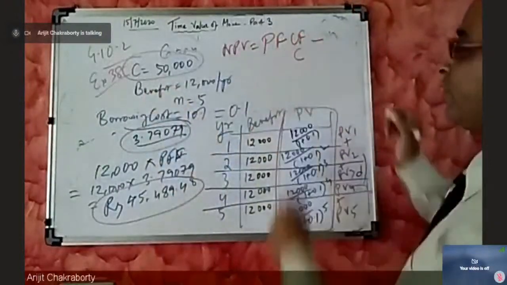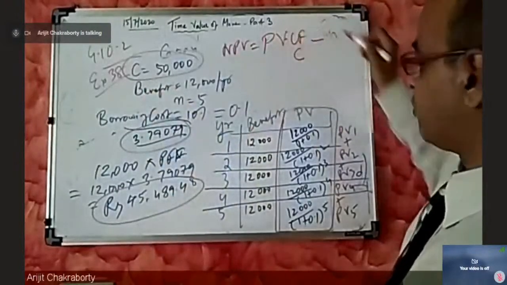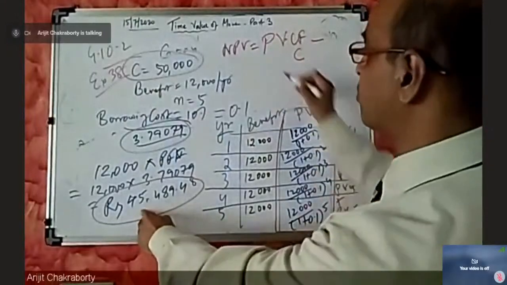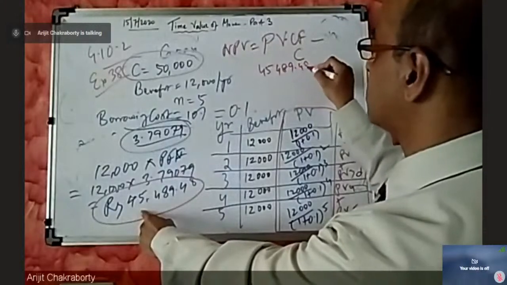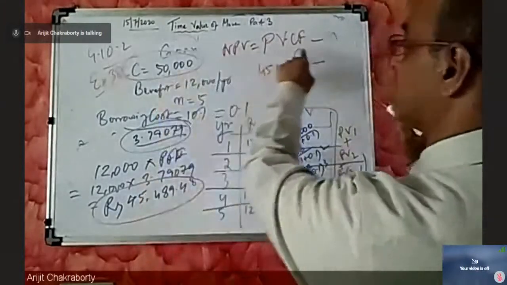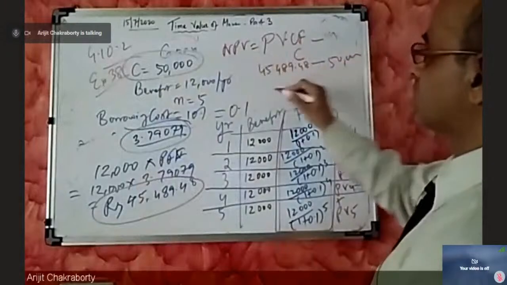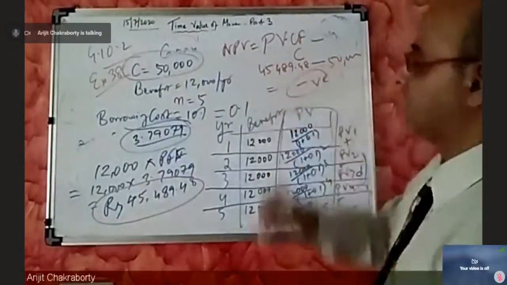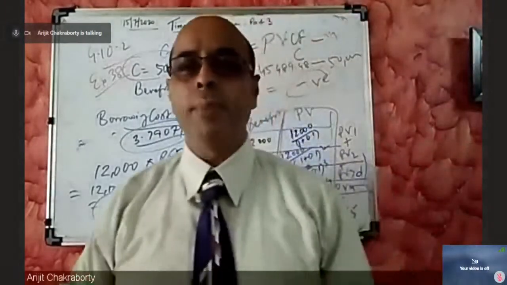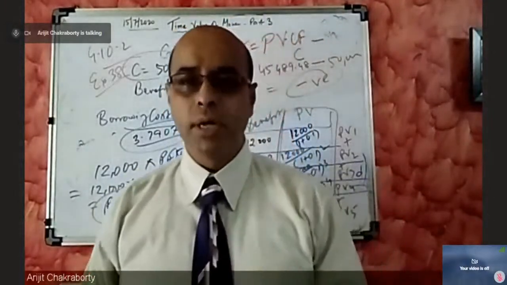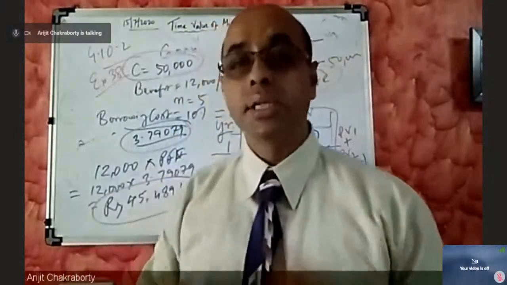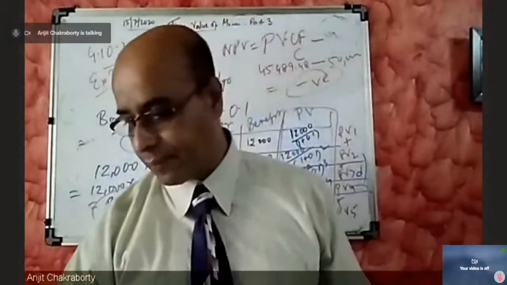Here the present value, PVCF, is coming to 45,489.48 minus 50,000, minus C. So this is negative. Net present value is becoming negative. Therefore, the machine should not be purchased. That is the final decision which the company has to take.